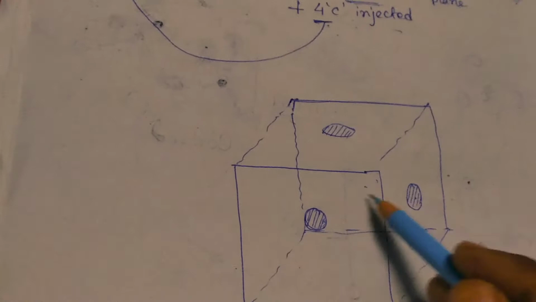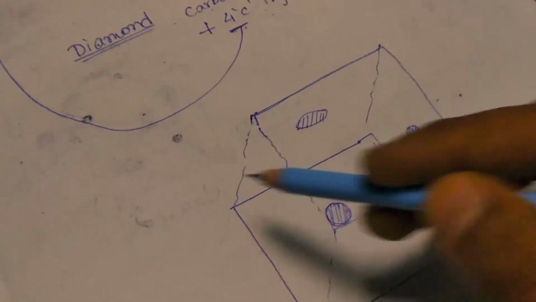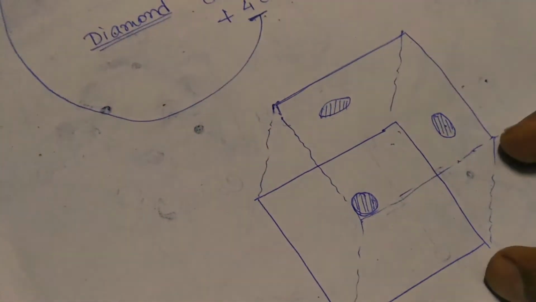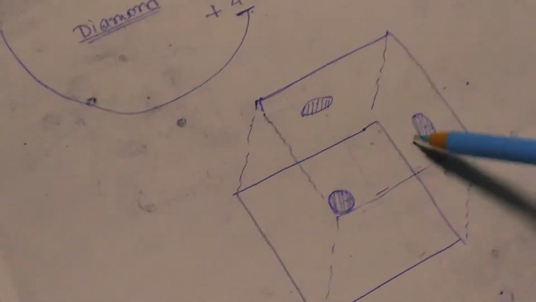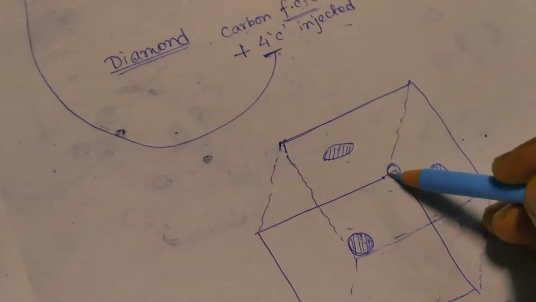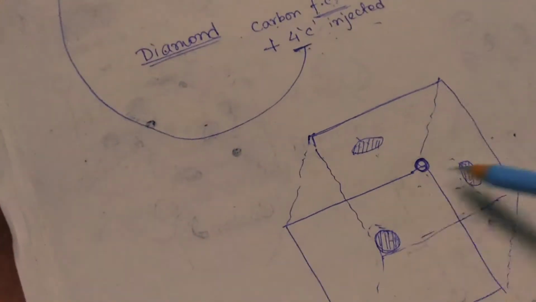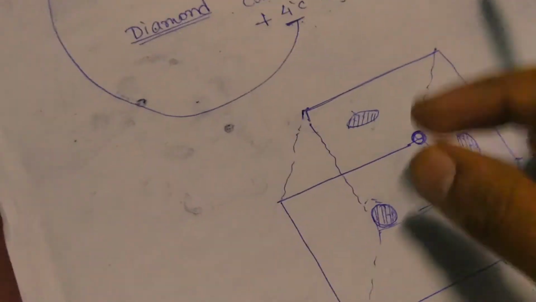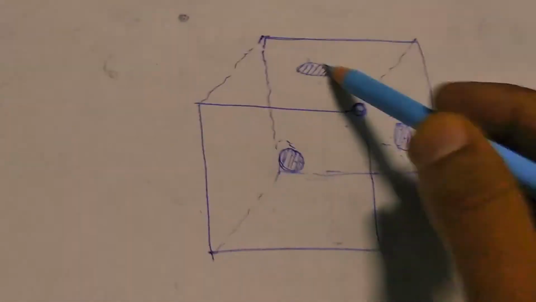Just imagine if we consider a plane like this, these 3 atoms create a tetrahedral void space with one corner atom. So if we consider a plane, these 3 are on the base and one is just placed on the other 2. I am just drawing this to explain it clearly.